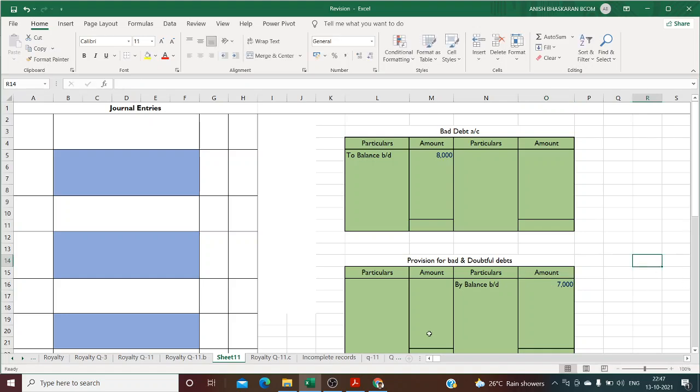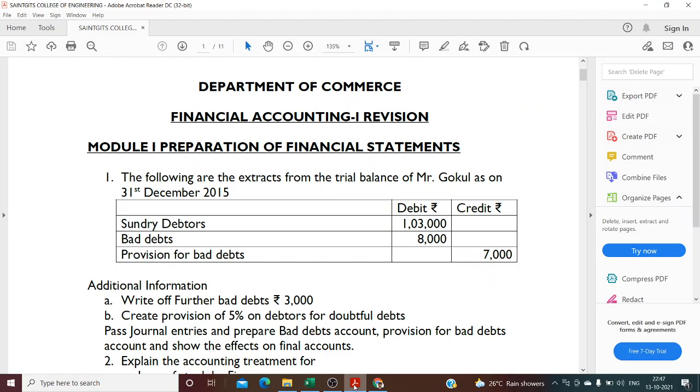So if you are getting a question like this, you have to put opening balance first, then you have to go for considering the adjustment. When we are considering adjustment only, we need to consider the journal entries. Now first, write off further bad debts of rupees 3,000.